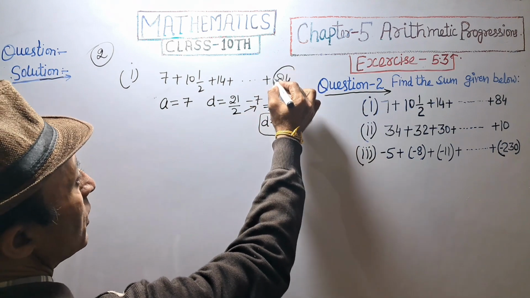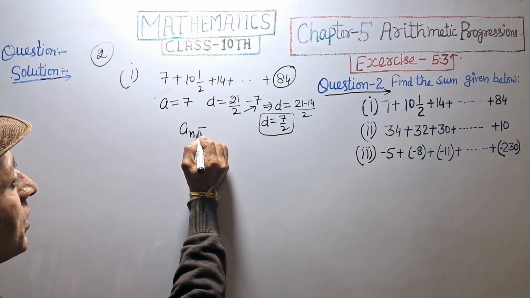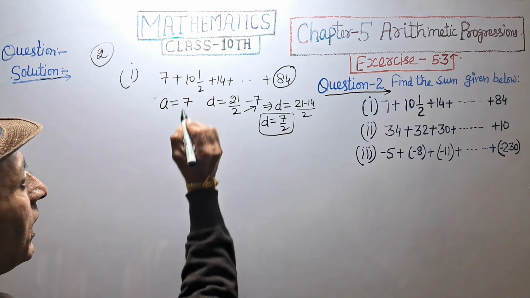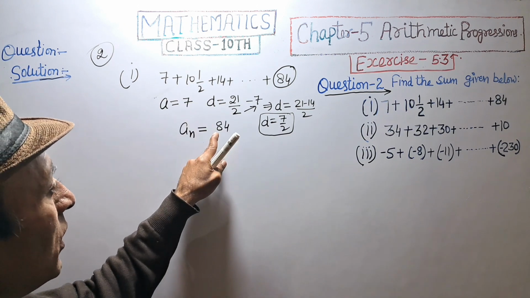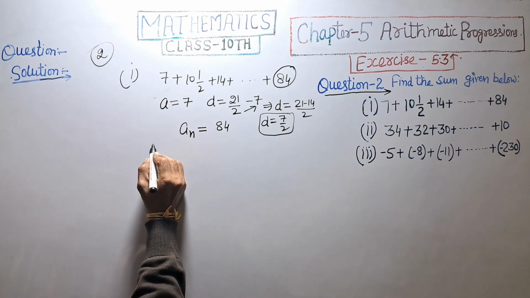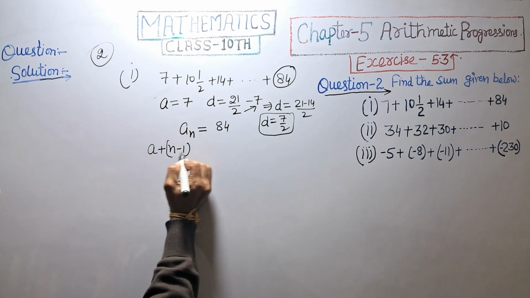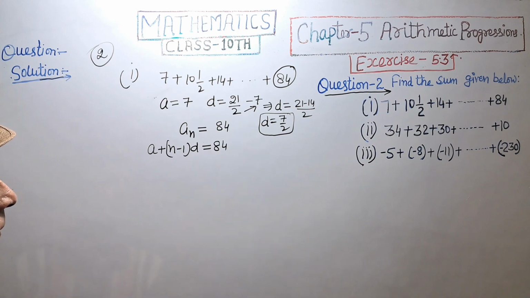And 84 is the last term, and the last term is denoted by An or L. An is equal to 84. First of all, we find the value of N. An we can write as A plus (N minus 1) into D is equal to 84.